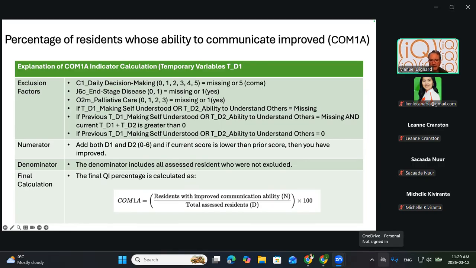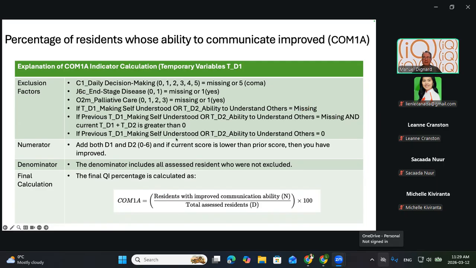So to evaluate this, we use, again, our temporary variables. We look at our calculation, right? Comatose, end stage, palliative, data missing now, data missing previously.